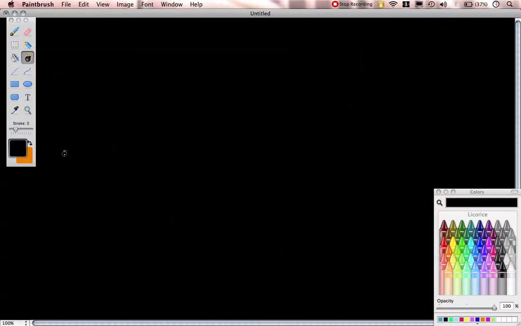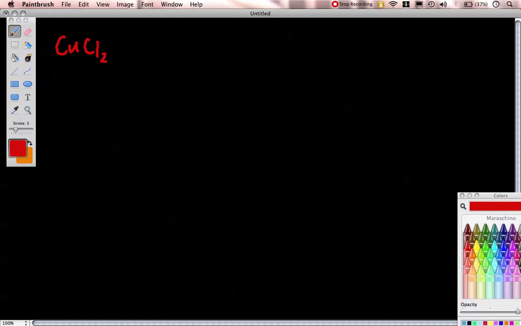So, for example, if you were to take molten, let's say copper chloride, copper 2 chloride to be more specific, and I'll just draw up a beaker.